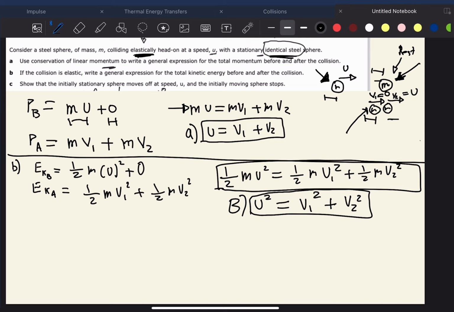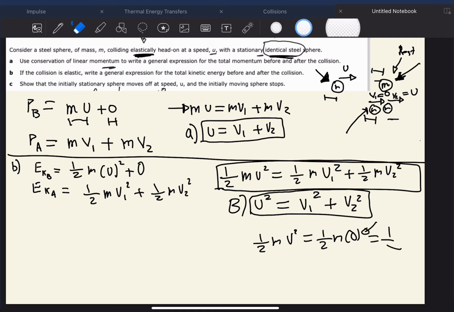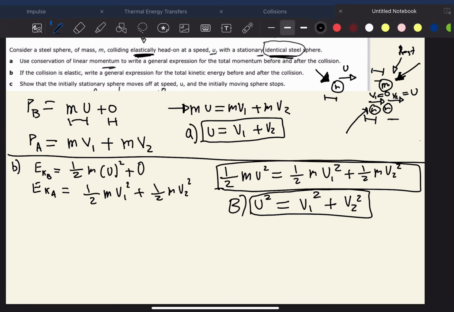I see some of you took the assumption that v1 is 0, so you just took something like 1/2 of mass v2 squared equals 1/2 mass times 0. You cannot use this fact, because that is what you are trying to prove. So the way to prove this is by using these two equations that we get from letter A and letter B. That is okay, because you know them from the previous letters, and you are not taking any assumption here.